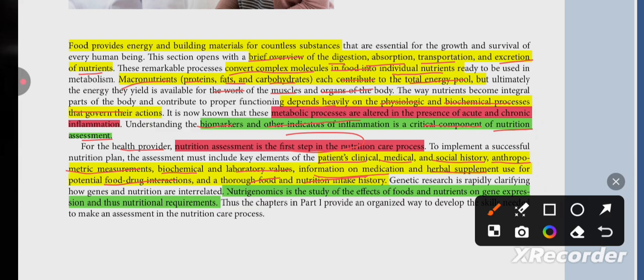One more important thing in the nutrition assessment that we are going to discuss is the molecular level of assessment, that is nutrigenomics. What is nutrigenomics?